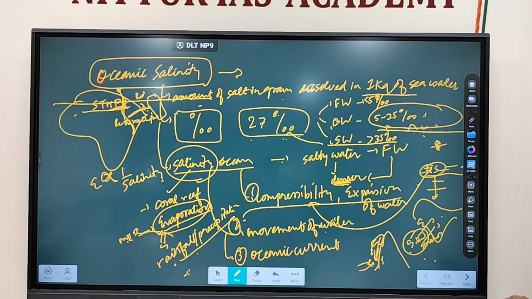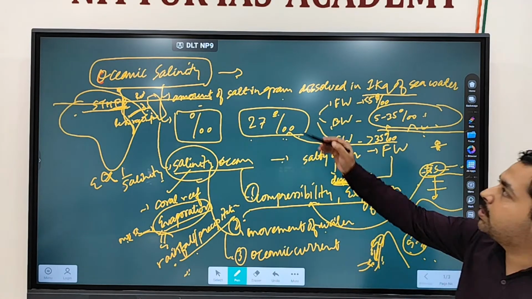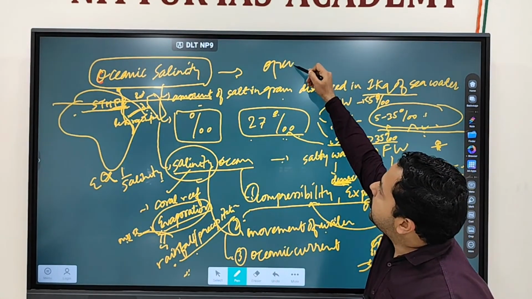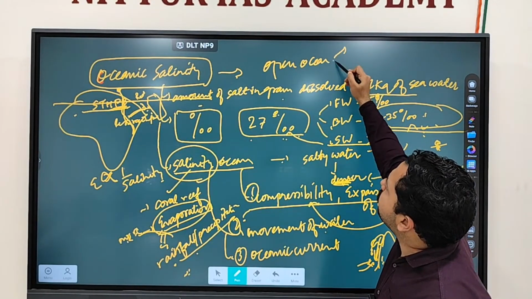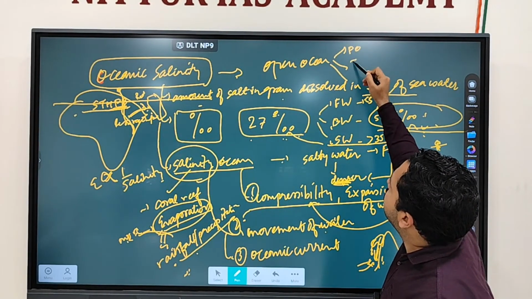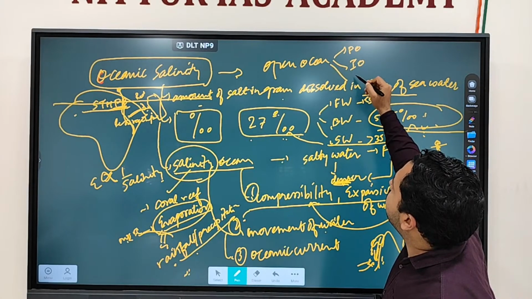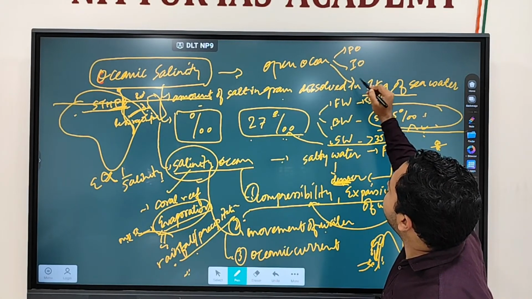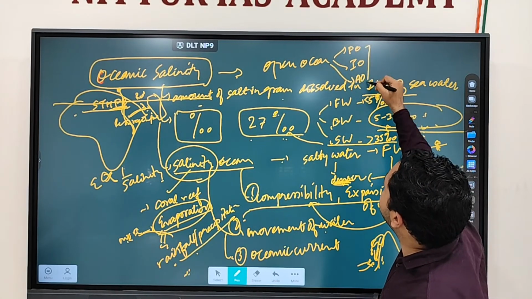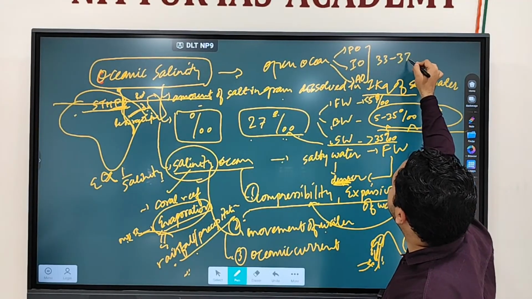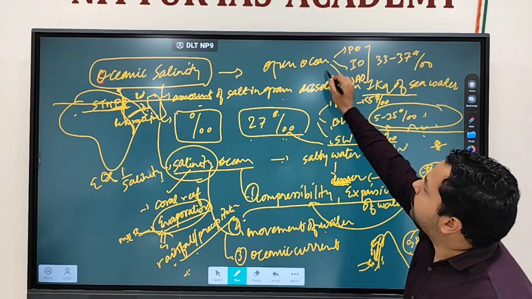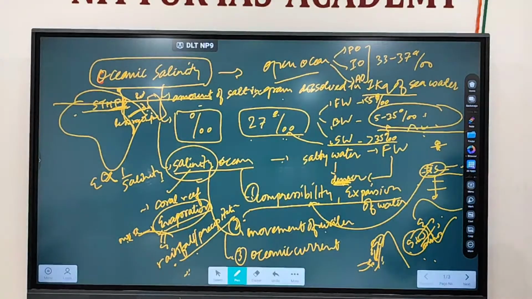Clear? So generally, the salinity of open oceans like the Pacific Ocean, Indian Ocean, and as we discussed the Atlantic Ocean, generally varies within this range. An open ocean means there is free flow of water movement.